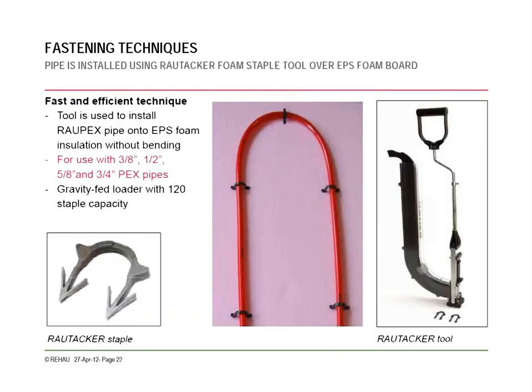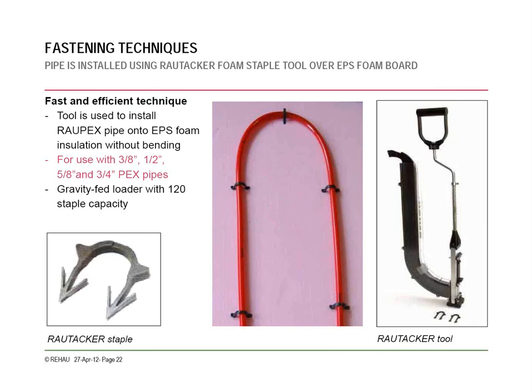Another very popular technique, and probably one that you come across a lot, would be a foam staple. These have definitely gotten better over the years. They weren't always the greatest at sticking in and actually holding the pipe, which can be an animal sometimes. So they've definitely gotten a lot better.